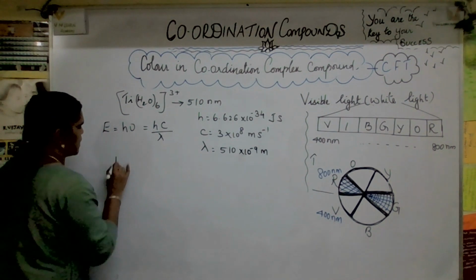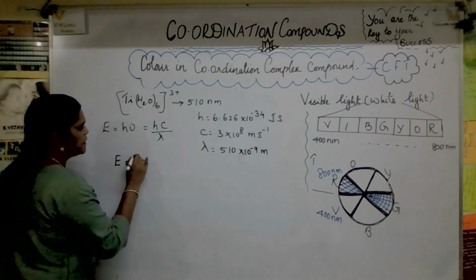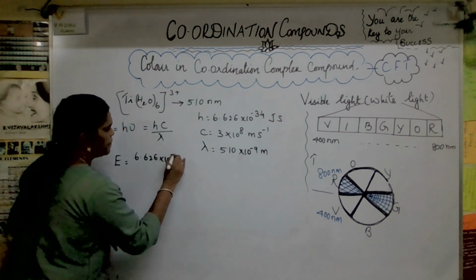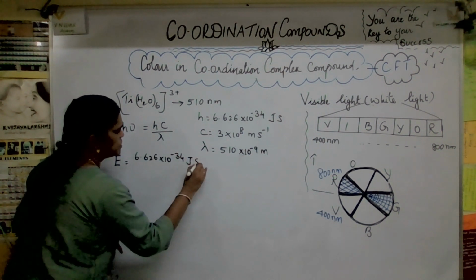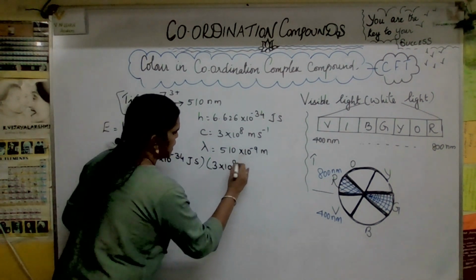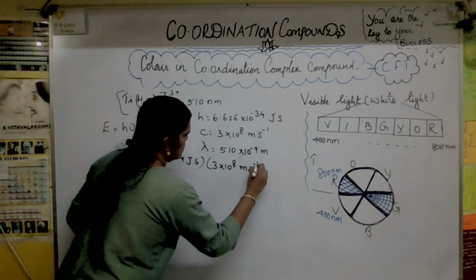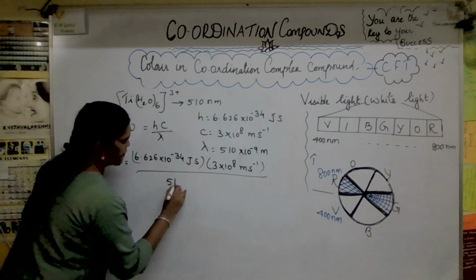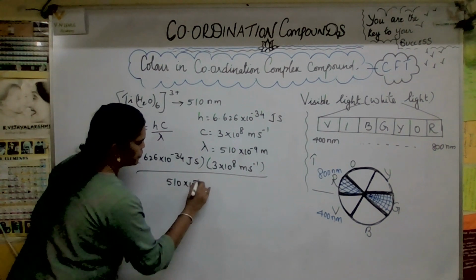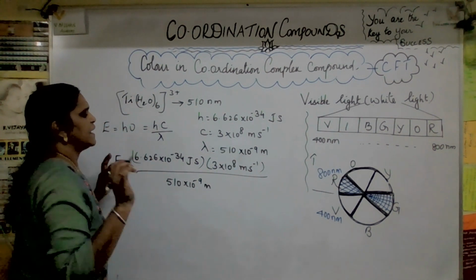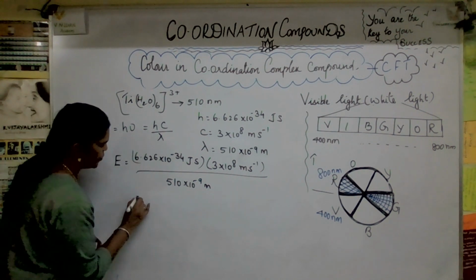Now you just apply the values: 6.626 times 10 to the power of minus 34 joule second times 3 times 10 to the power of 8 meter per second divided by 510 times 10 to the power of minus 9 meter. That is nanometer, right?